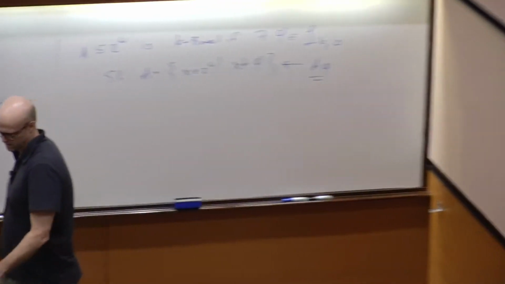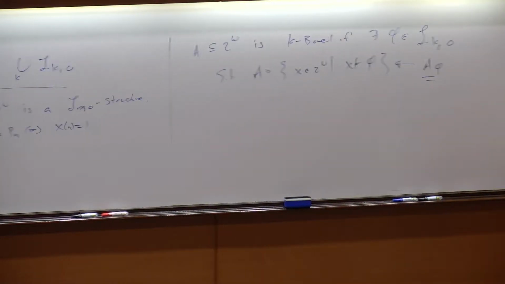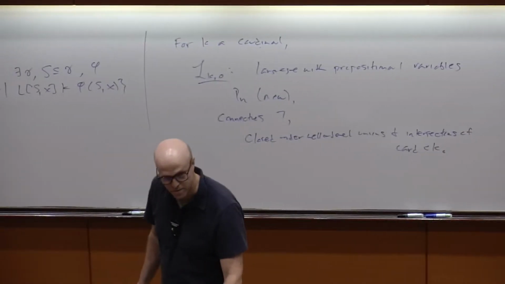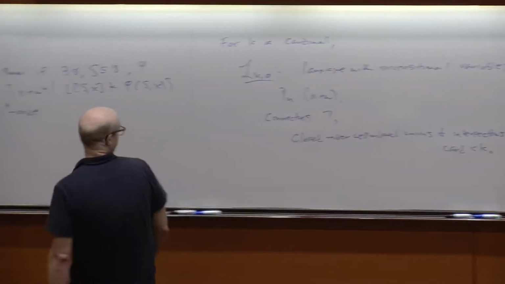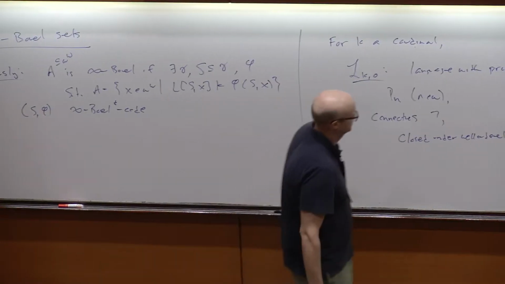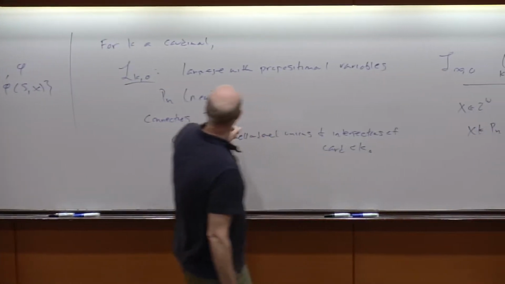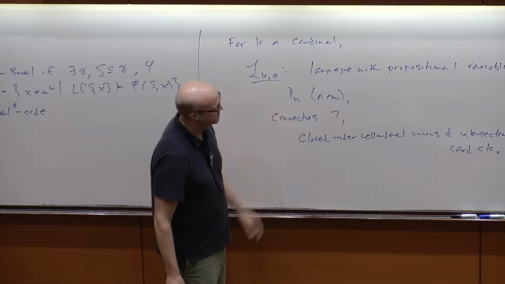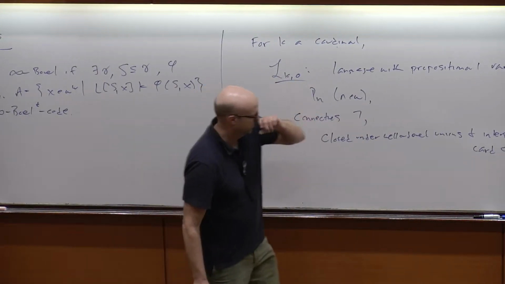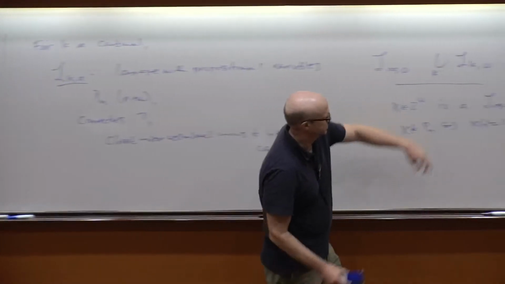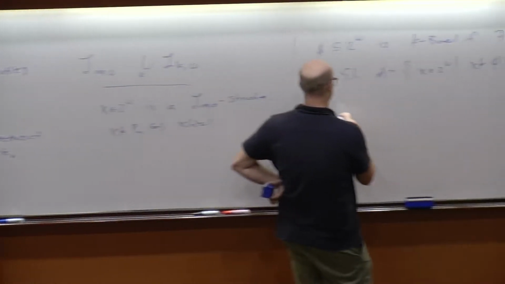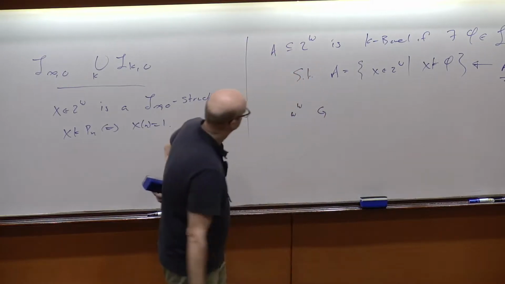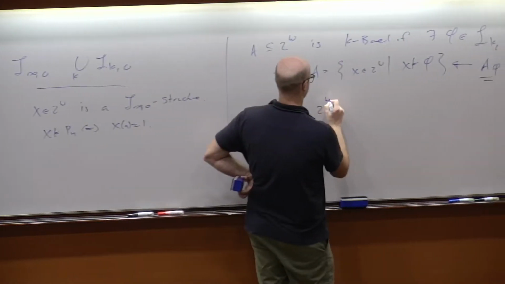Now we're going to tweak this in a number of different ways. One way we're going to tweak it is that we don't really want to talk about the Cantor space. We want to talk about the Baire space. That's not really a problem. We can just replace our P n's with pairs P n, m. We need to have conjunctions that say that our functions are total. We can identify omega to the omega as a subset of 2 to the omega cross omega.